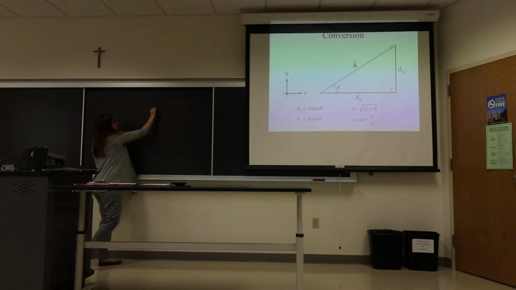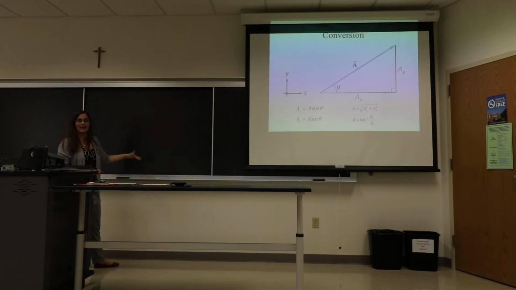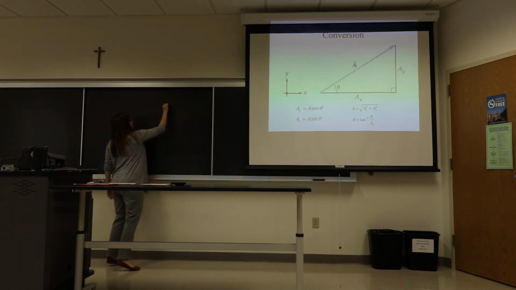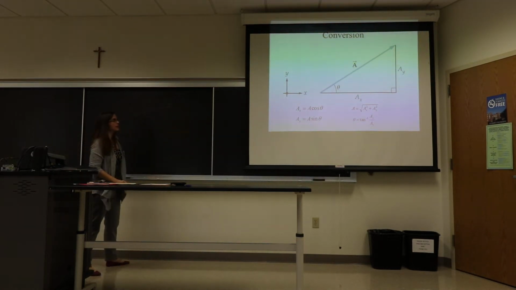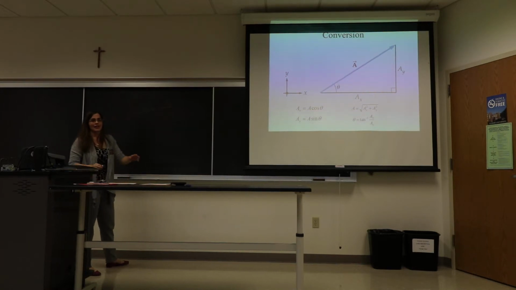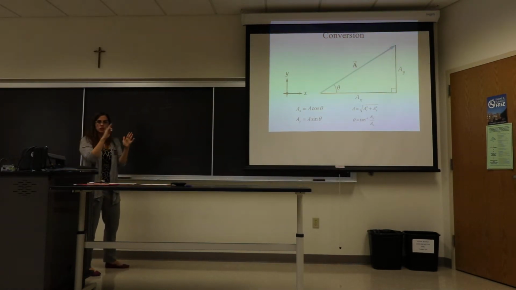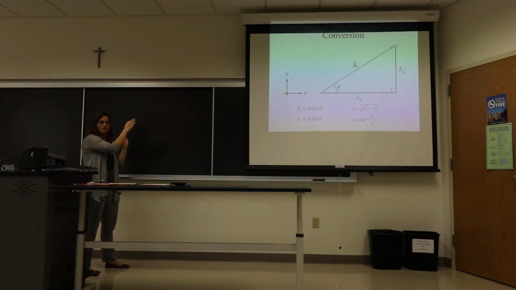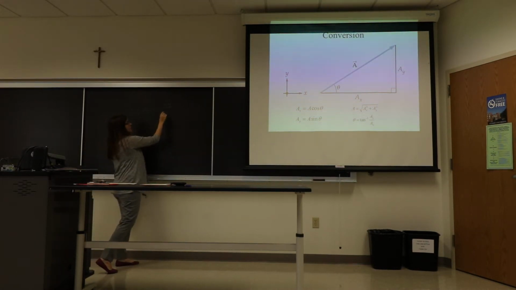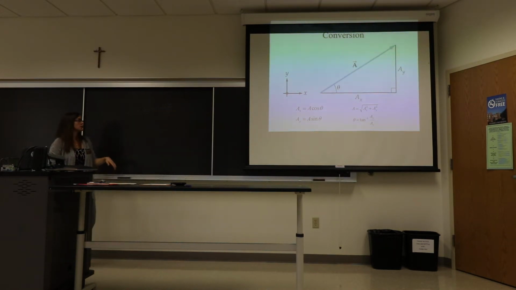Cosine of theta is equal to the adjacent to it, so that's a sub x, right, the x component, over the hypotenuse, which it's a vector, but the length of it, right, when you're working with trig, you're using just kind of the length of that, the magnitude of that vector. So the magnitude of a vector is a, right, or I could do the little vector with little absolute values if you want.